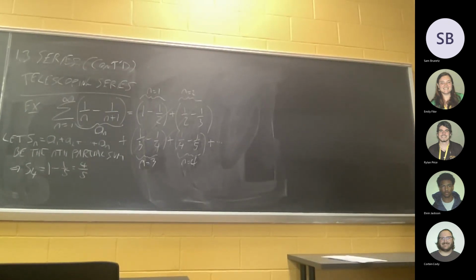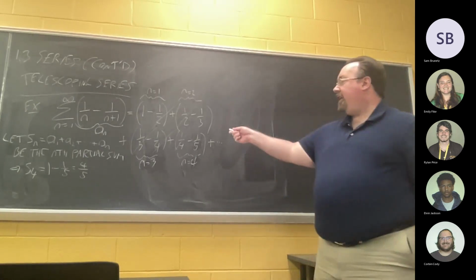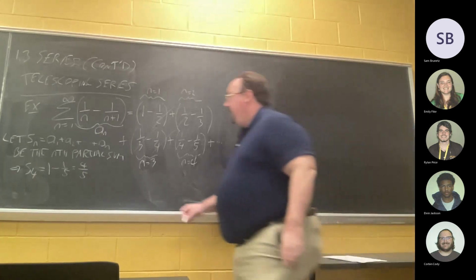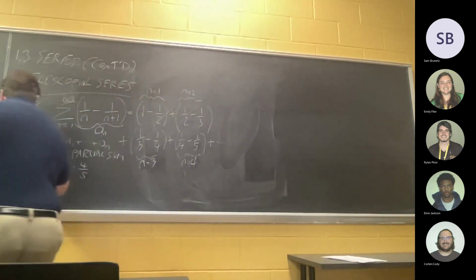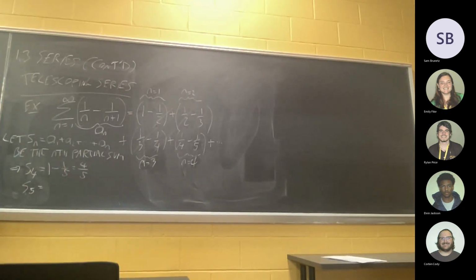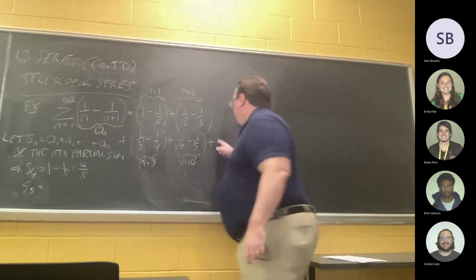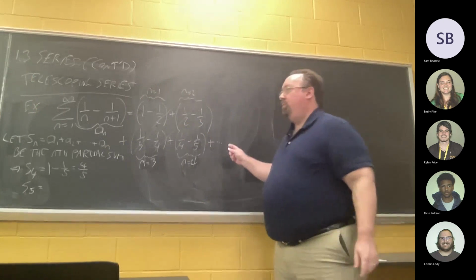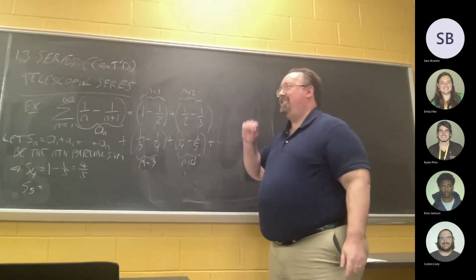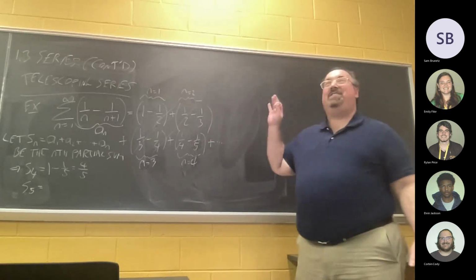Questions so far? Yeah. What if I went out one term more? So I'd want the next partial sum, S5. So what would happen if I were to do that? 1 minus 1/6. Yeah, so I would add on 1/5 minus 1/6.